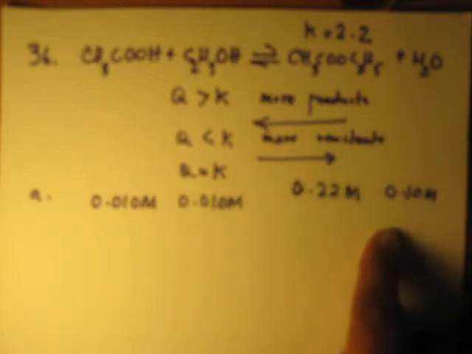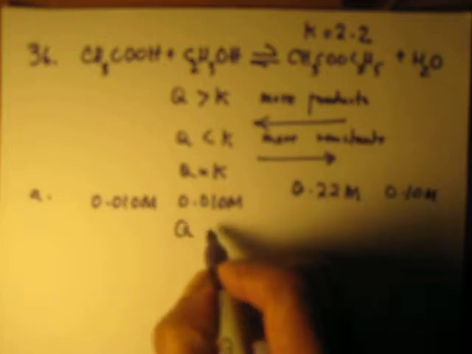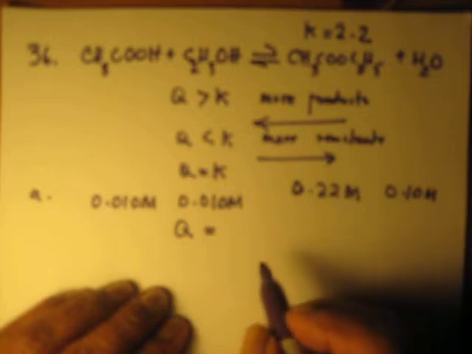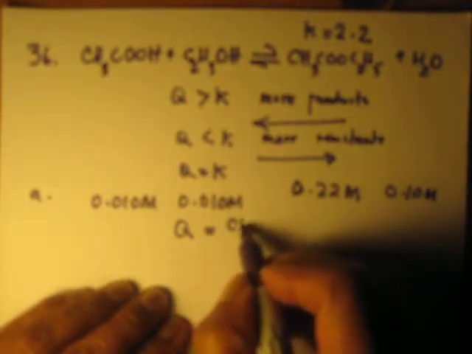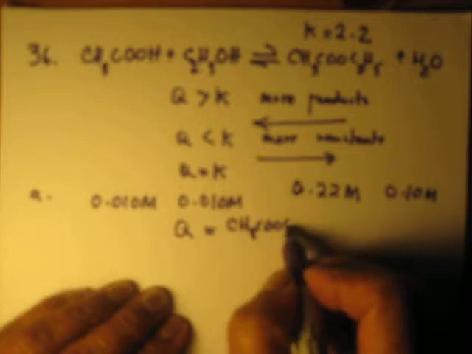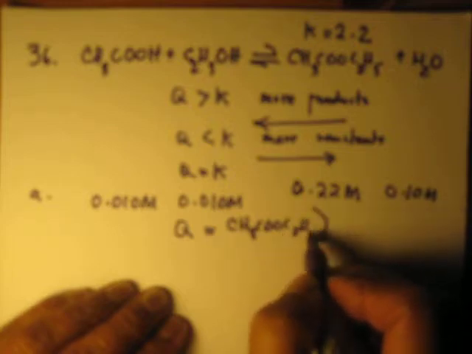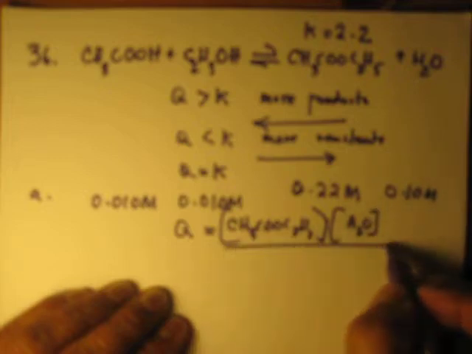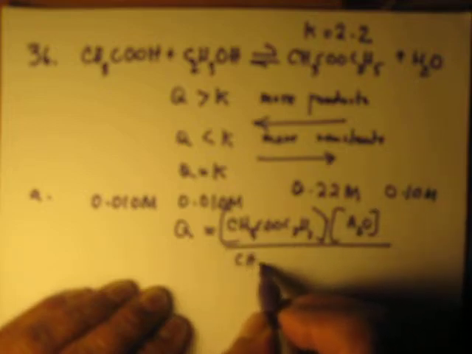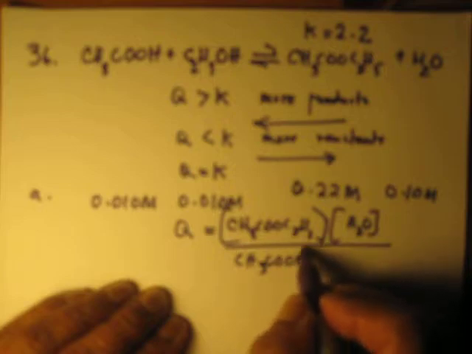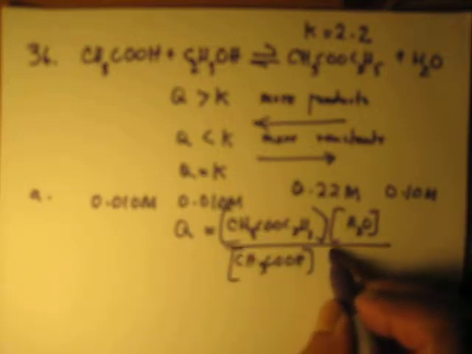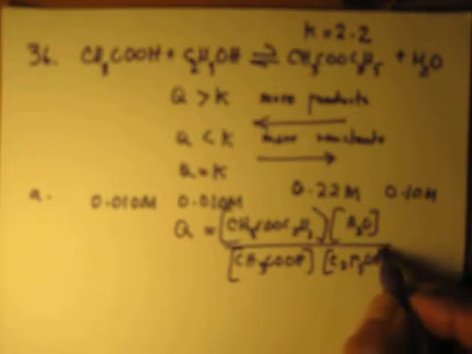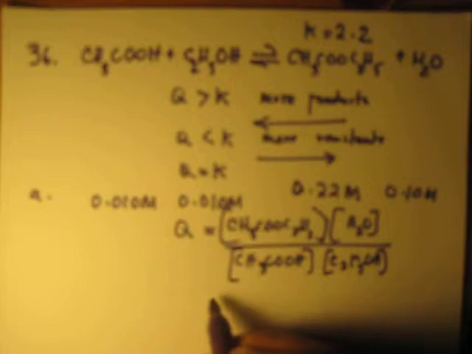So four sets of concentrations. Find your Q. Q equals products over reactants, which is the CH3COOC2H5 concentration times H2O, over CH3COOH times C2H5OH, and plug in the numbers.